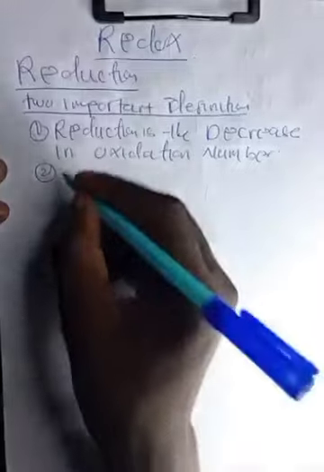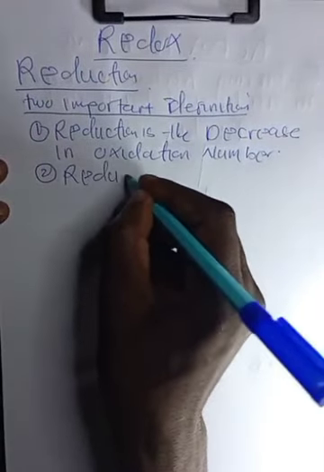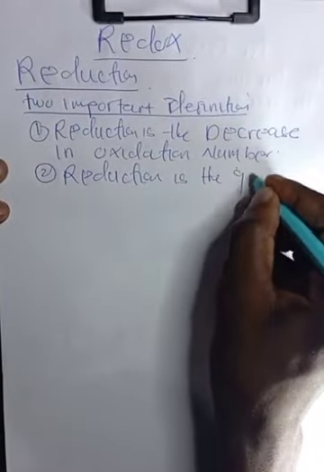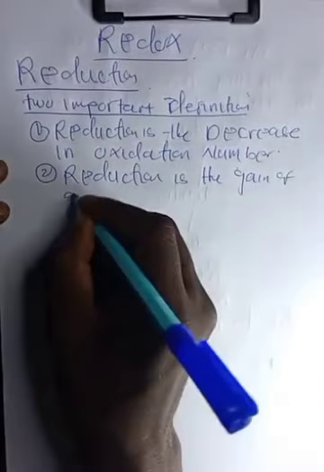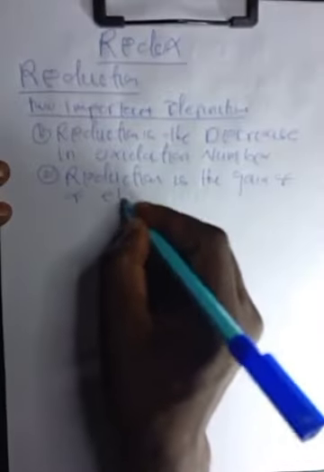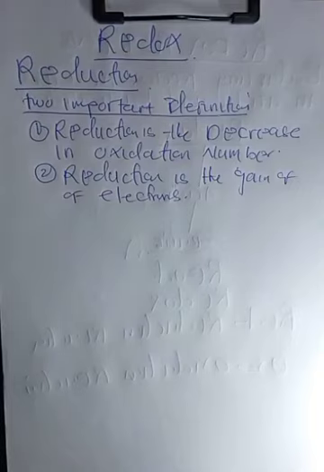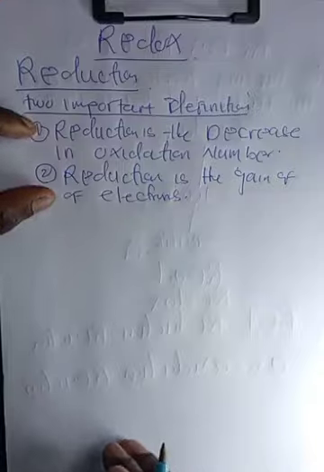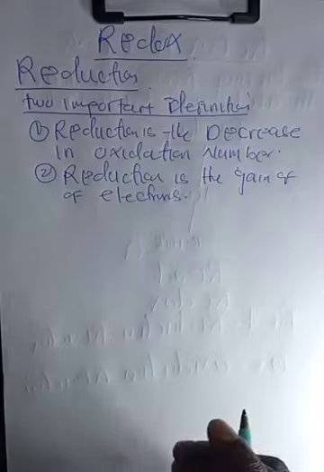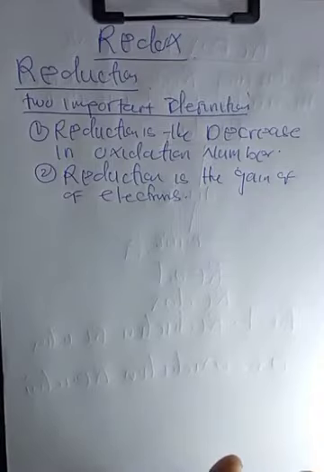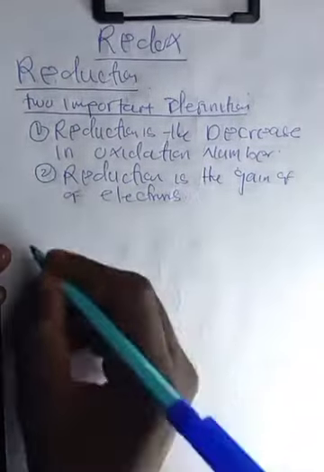Then number 2, reduction is the gain of electrons. So these are the first 2 important definitions of reduction. For the useless ones, you can check from the documents. Let's just focus on what is important for what I'm going to cover. So reduction can be defined as a decrease in oxidation number or the gain of electrons. But now we may ask, what is oxidation?